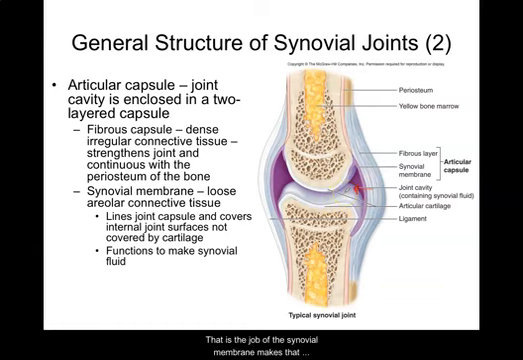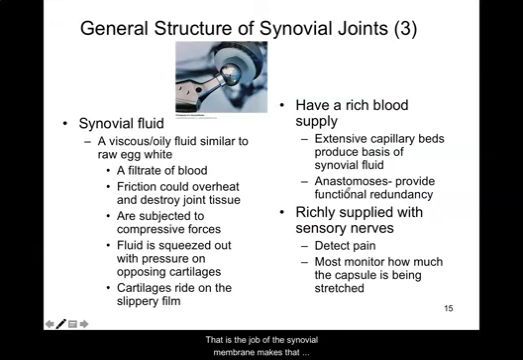That is the job of the synovial membrane. It makes that synovial fluid. That synovial fluid's primary job is to reduce friction. So where does that fluid come from? Well, it turns out that all fluids in your body are filtrates of blood. The fluid in your blood is blood plasma.